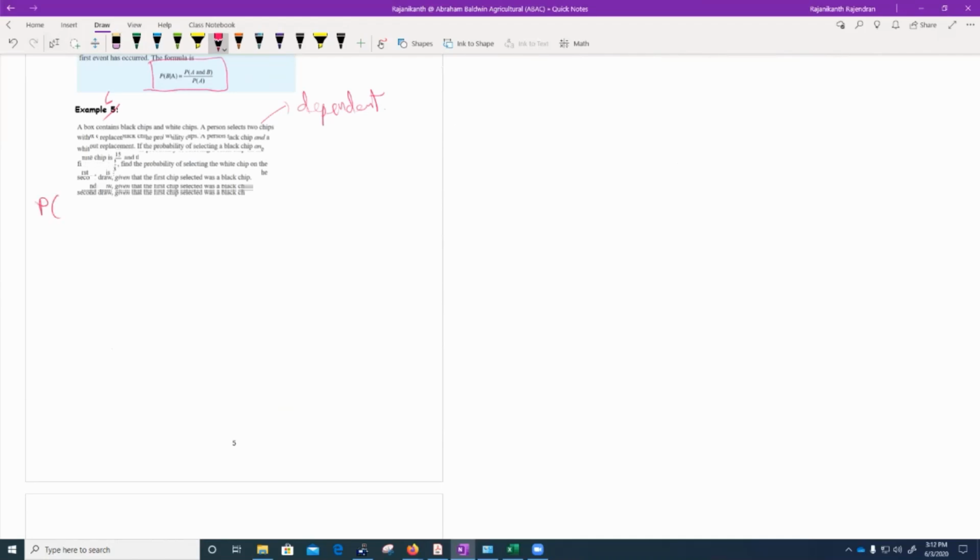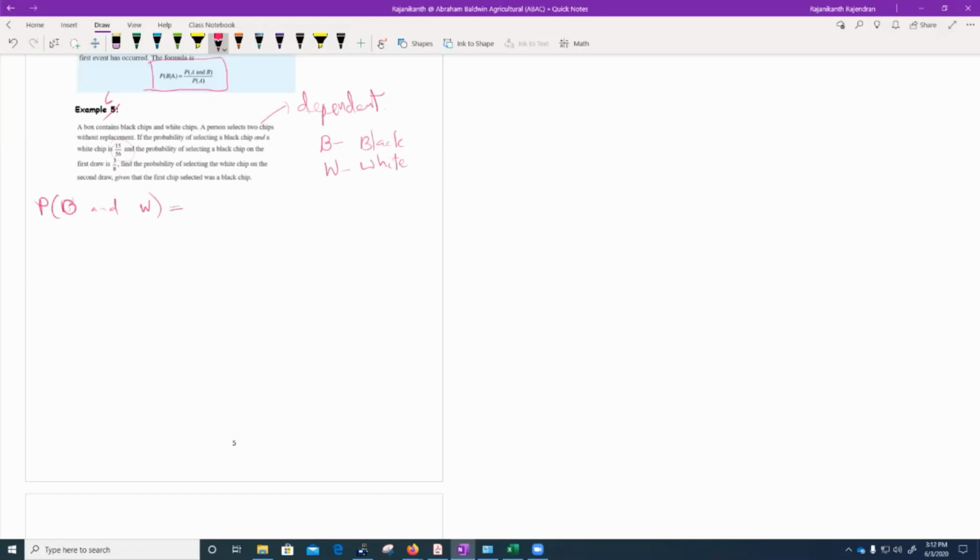So let me recall B as choosing a black chip, and let us write W as white chip. The given probability 5 over 56 is selecting black B and a white.